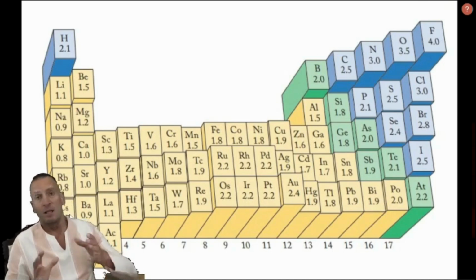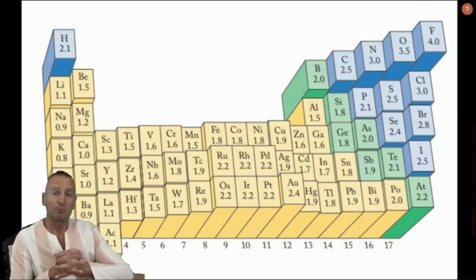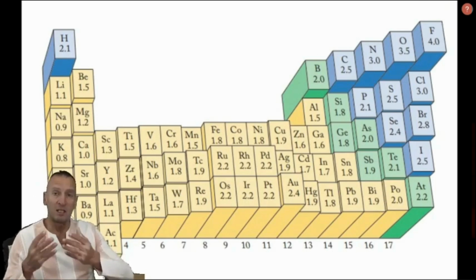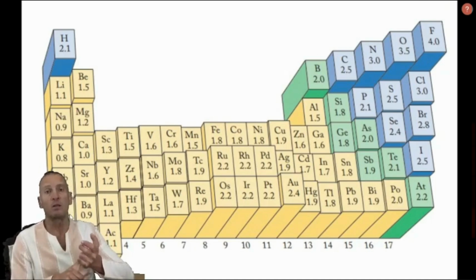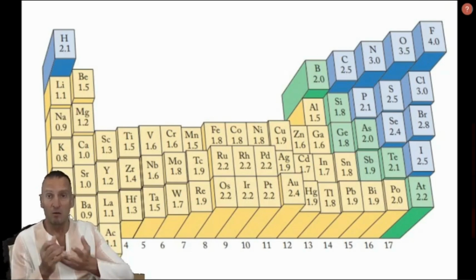Now, we have a very nice system to see if a bond is ionic, covalent, or polar covalent, and we can qualify it very well.